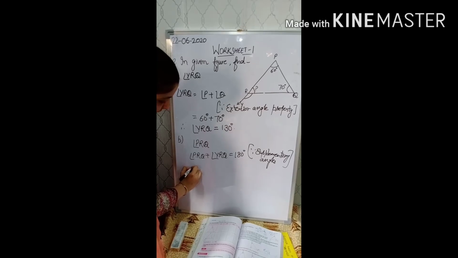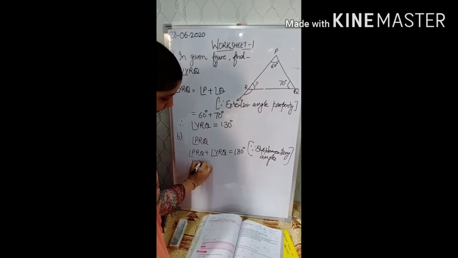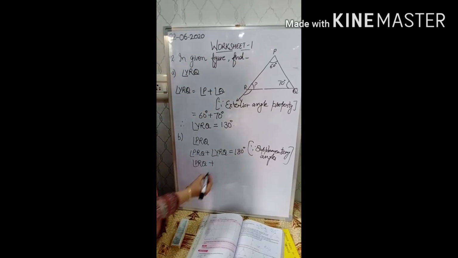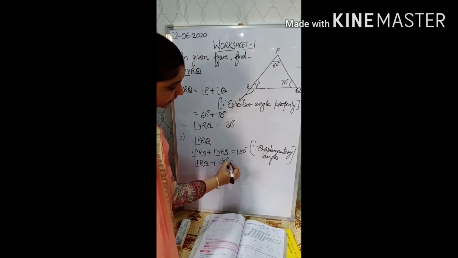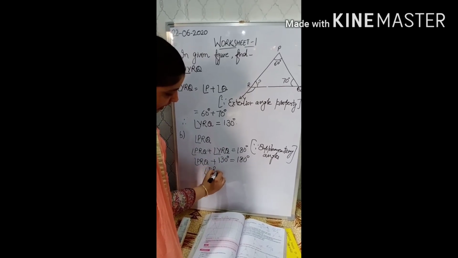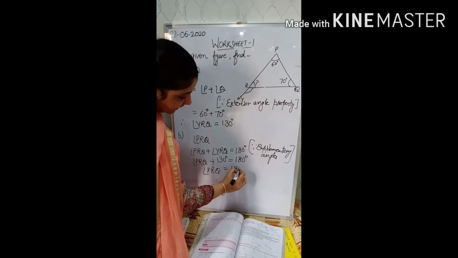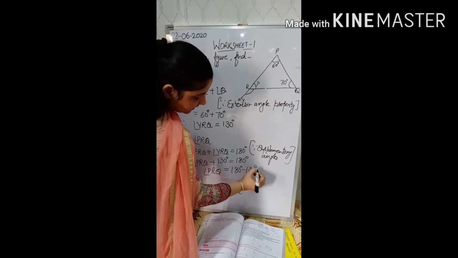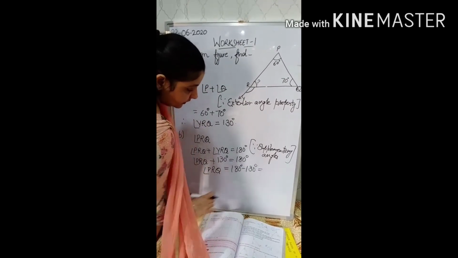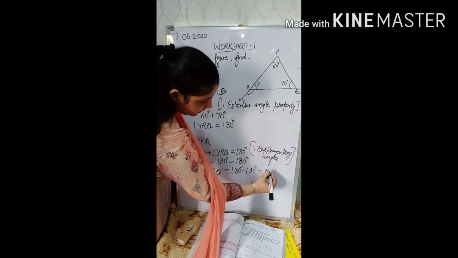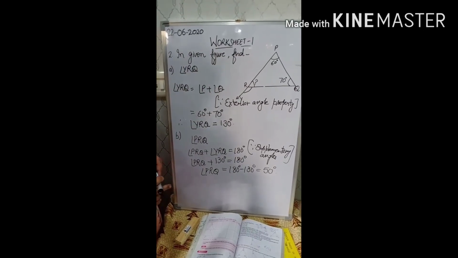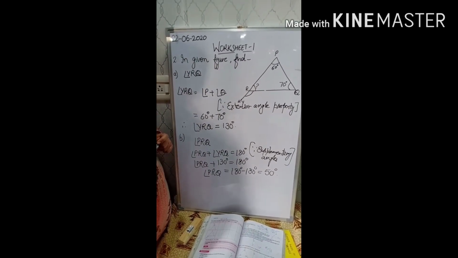So angle PRQ we have to find; angle PRQ plus angle YRQ, which we have already found in the upper part, 130 degrees, is equal to 180 degrees. Angle PRQ is equal to 180 degrees minus 130 degrees. You get the answer 50 degrees. Is this clear? So I have done sums number 1 and 2 with you.